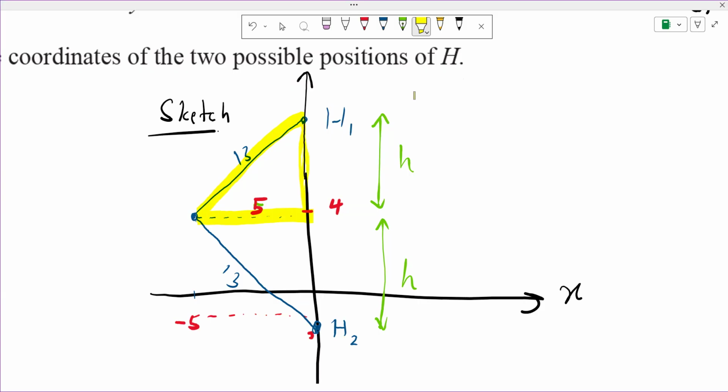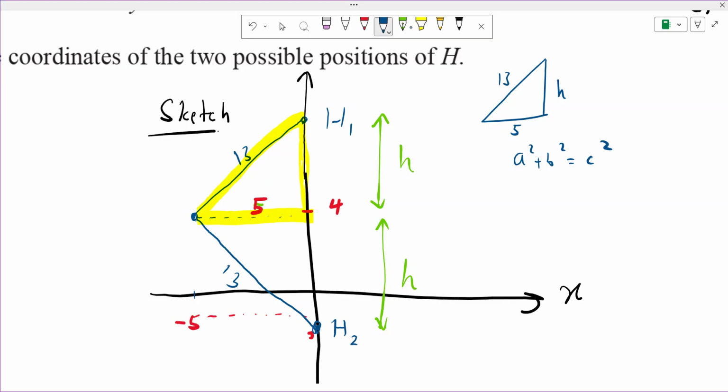Which brings us to Pythagoras' theorem. There's a triangle like this, and it has 13 as the hypotenuse, and 5 and h as the other sides. It's easy now. We can say a squared plus b squared is equal to c squared.